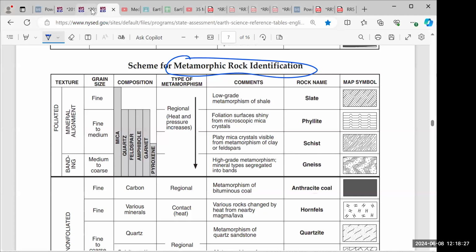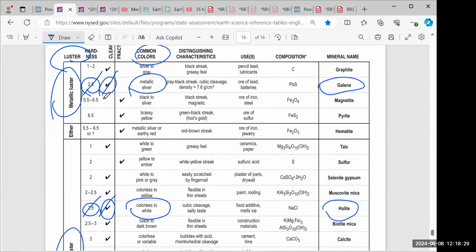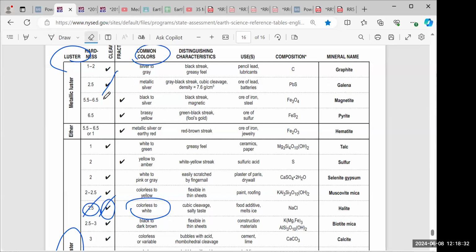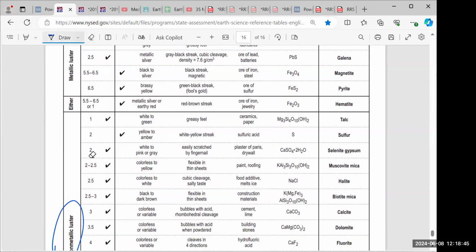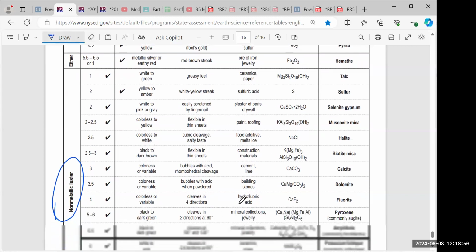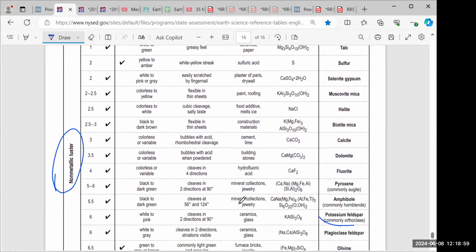When I go to page 16 of the reference tables, and you should have your packet with you, the 3 minerals that I see are plagioclase feldspar, which is right here, amphibole, and biotite mica.